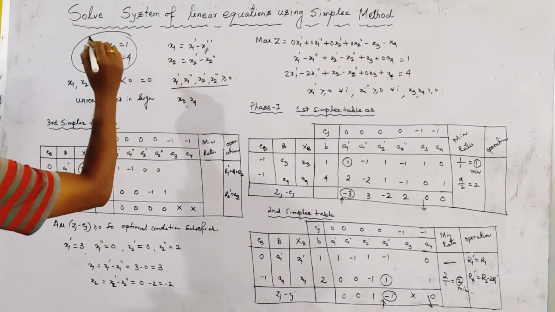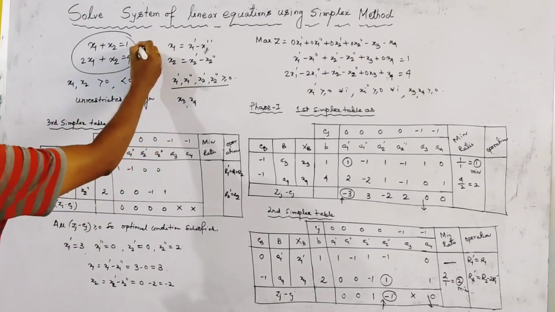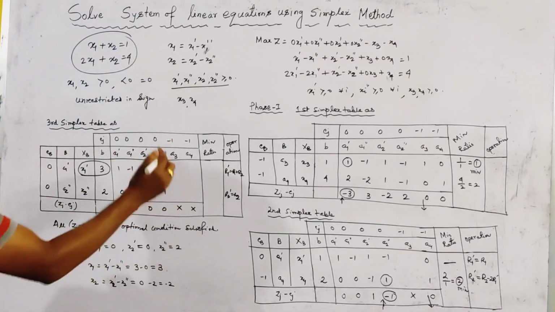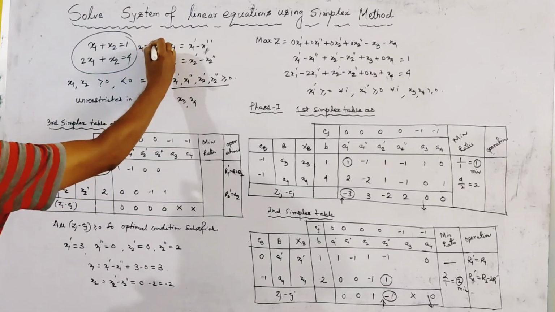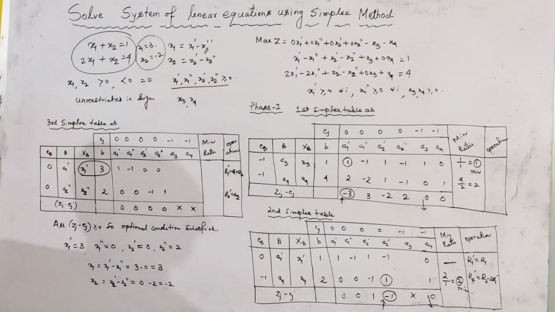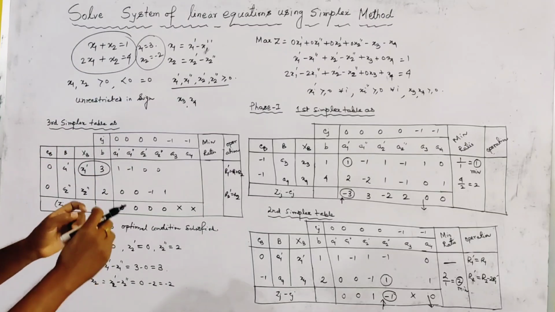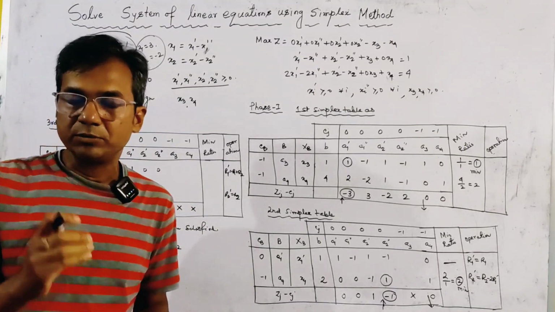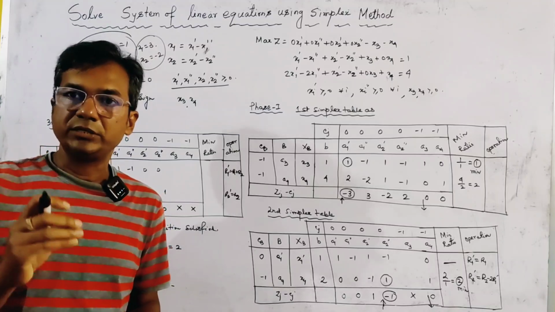So the solution of the system we get by the simplex method is x1 equal to 3 and x2 equal to minus 2. Okay, this is the complete method and the complete solution of the system of linear equations by the simplex method.